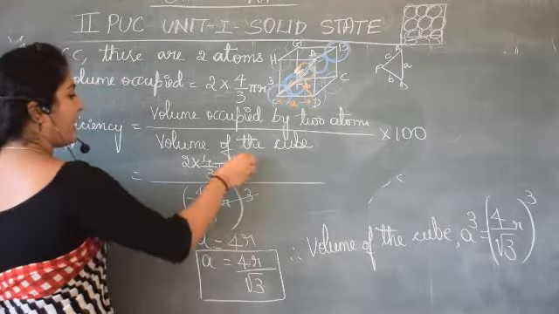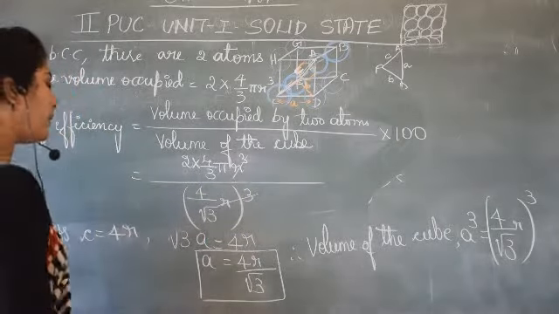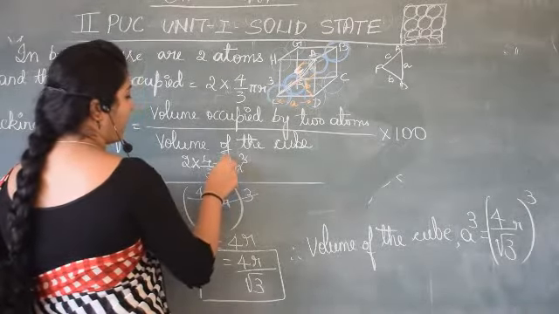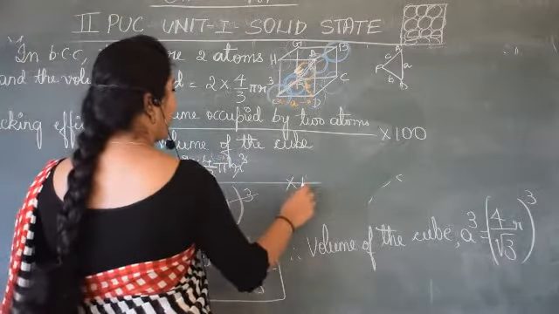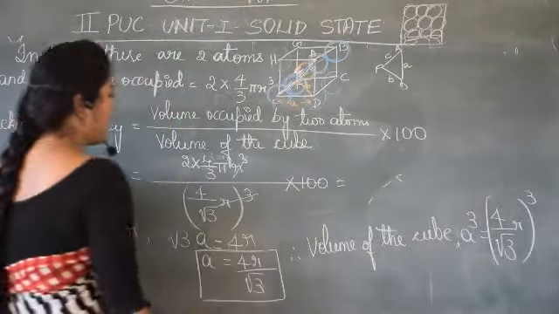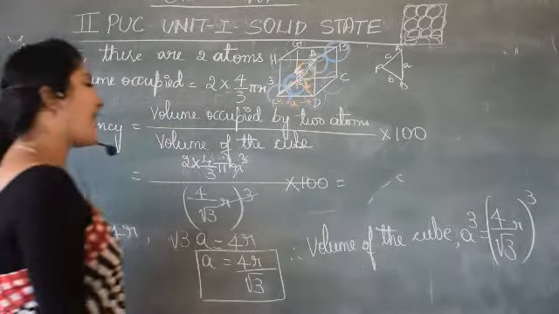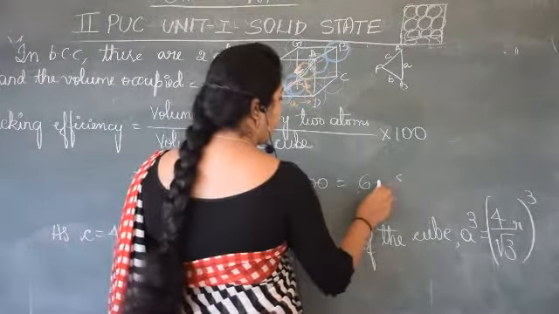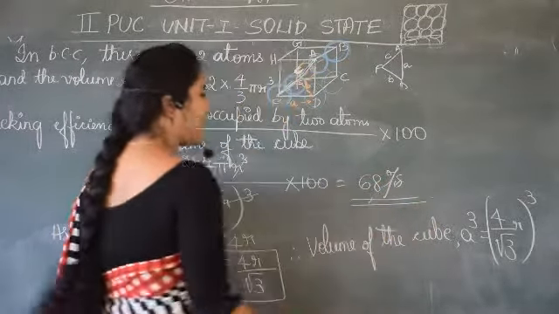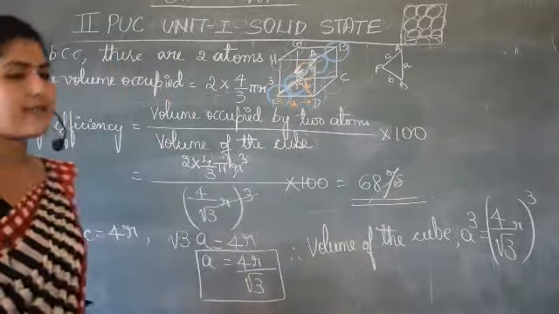So r cube and r cube get cancelled here. Then rest of the things substitute. 3.14 for pi into 100. Do not forget this, into 100. You will get it approximately as 68%, which is the packing efficiency of body centered cube.